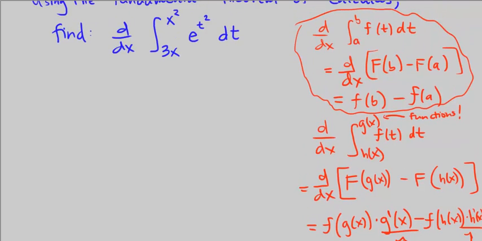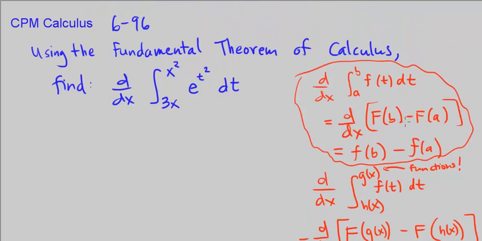Okay, so let's go ahead and look at our question. When we take the derivative of this, again, that's just going to be the derivative of our integral, and I'm going to even write that as whatever it is going to be big F of x squared minus big F of 3x.